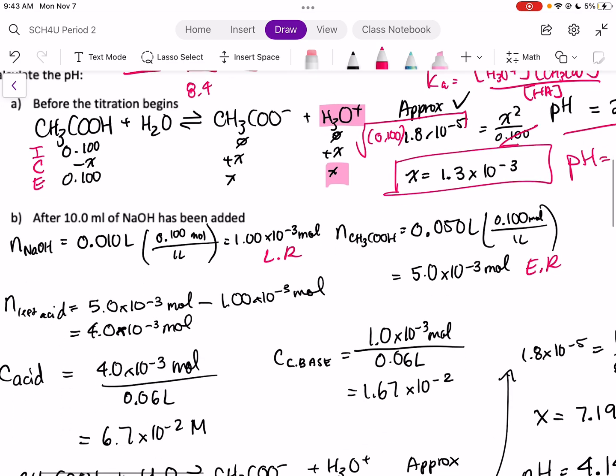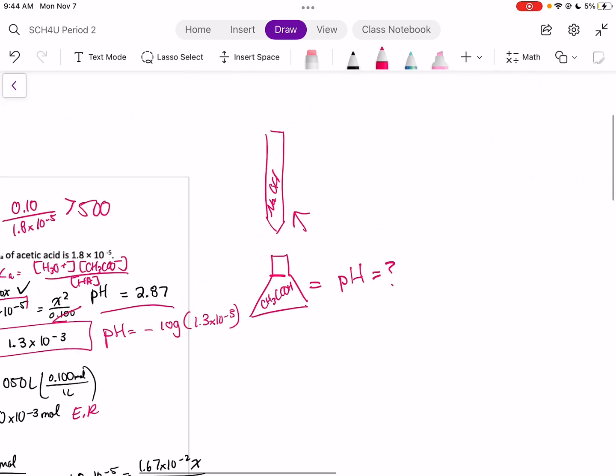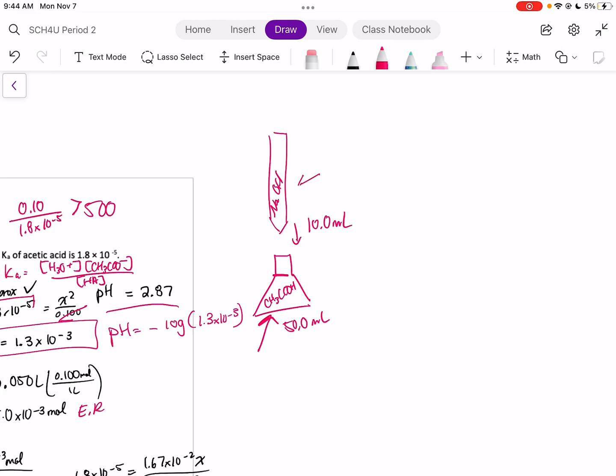We're going to think about a new situation when we add 10 milliliters of NaOH. We're only going to add 10 milliliters, and this has 50 milliliters already. So I'm going to assume that this is going to be left over, and this is going to be completely consumed, meaning this will be my limiting and this is my excess.